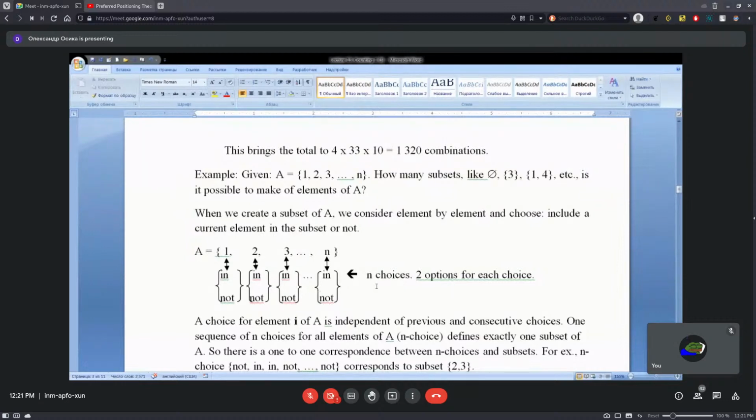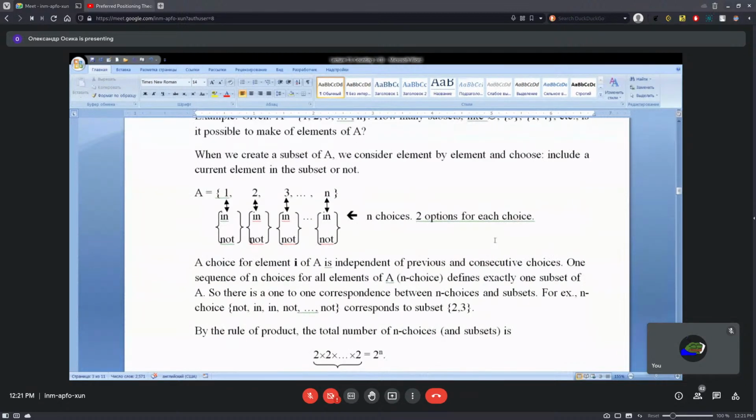So we make n choices, 2 options for each choice. A choice for element number i, for example, number 3, is independent of the previous and consecutive choices.